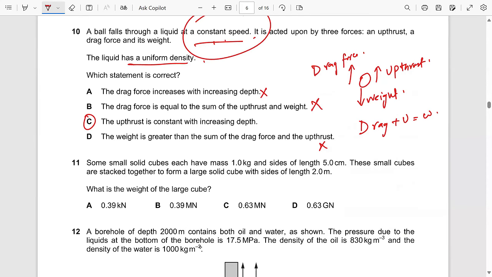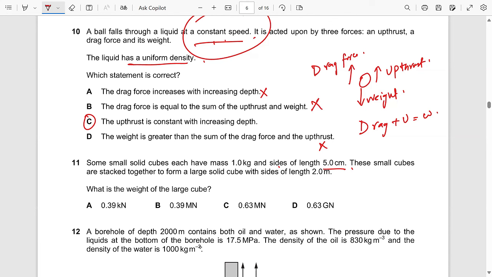In question number 11, some small solid cubes each have mass 1 kg and sides of length 5 centimeters. These small cubes are stacked together to form a large solid cube with sides of length 2 meters. What is the weight of the larger cube? You can do this.